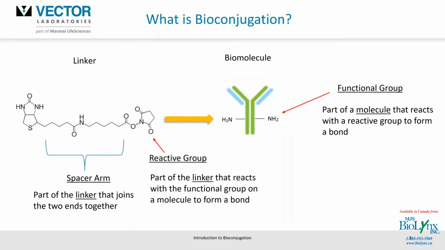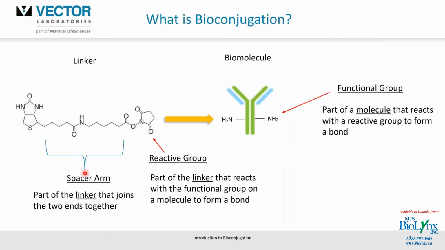And then the reactive group over here binds to this functional group. This is part of the linker. The reactive group is part of the linker that reacts with this functional group on the molecule to form a bond. So we've just discussed what a functional group is. That's part of the molecule. The reactive group reacts with that functional group, and it's part of the linker.